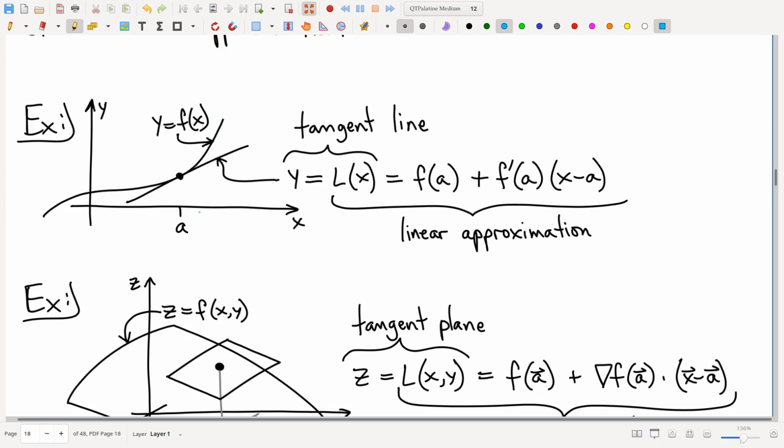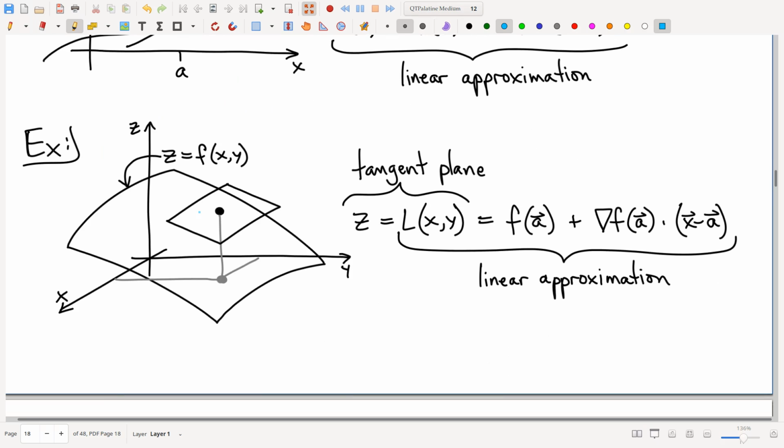So likewise down here, the tangent plane, we call it that because the tangent plane is literally what you get when you look at the very small scale of your graph, and see in what direction the graph is kind of pointing. If you just keep extending that in a linear fashion, you get this thing, the tangent plane, namely the graph of the linear approximation. Okay.